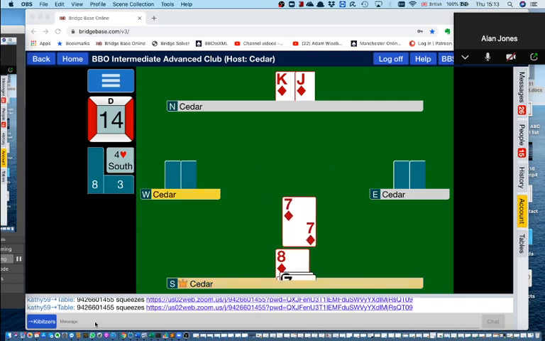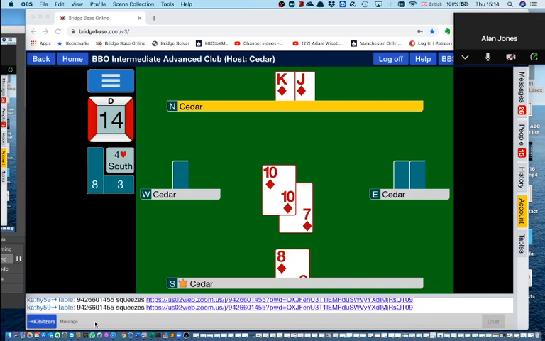Now, I lead this, and if the squeeze has worked, West's only card left is the queen of diamonds. But he plays the 10, or she plays the 10. That means that West cannot have the queen of diamonds. I know that West owns the ace of spades as the last card in that hand.